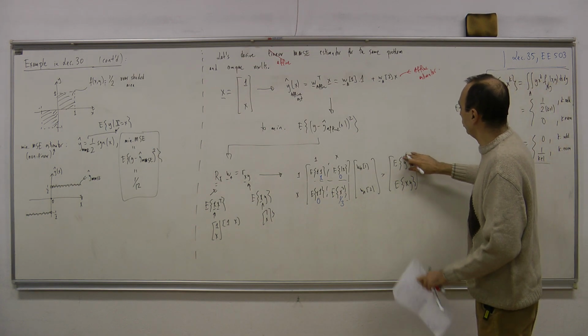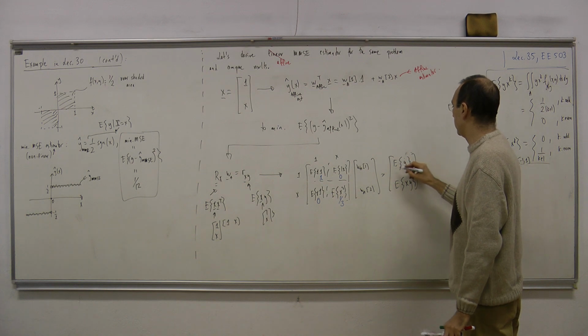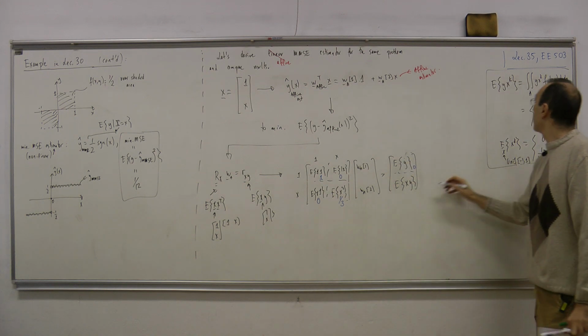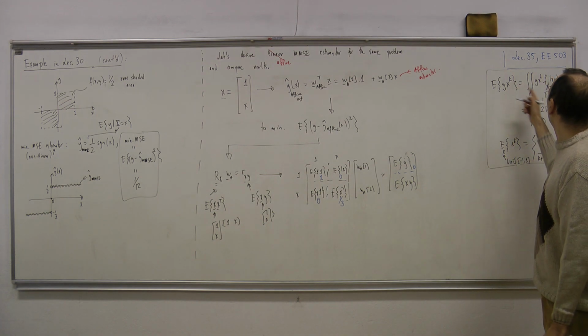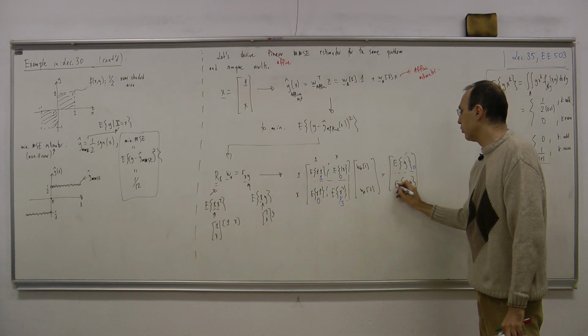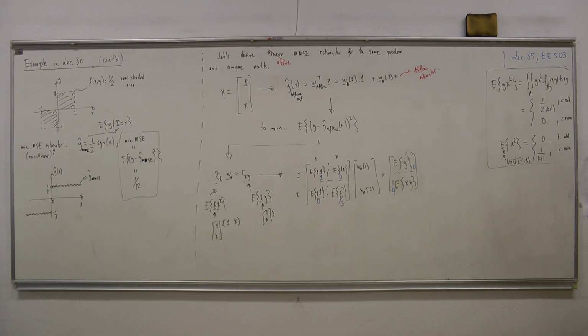That is equal to 0. Expected value of x times y. This is when k is equal to 1. This is 1 over 4.